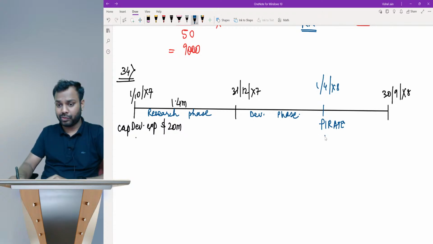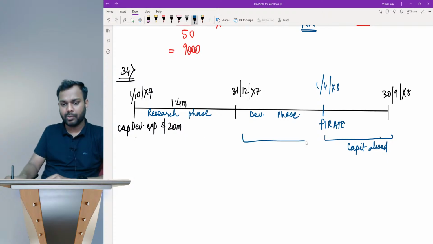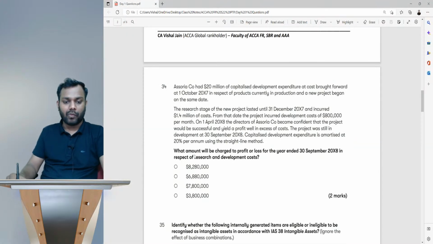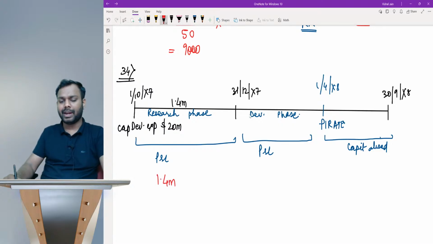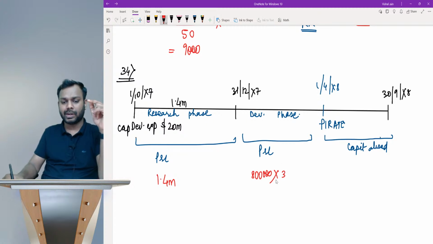Okay, so now this will be capitalized. This will be transferred to P&L, and this will be transferred to P&L. What is the question? What is the amount charged to profit and loss for the year ended 30th September 2008 in respect of research and development costs? Very simple question. It is 1.4 million. In this, 800,000 per month multiplied by how many months? For 3 months, that is 2.4 million.